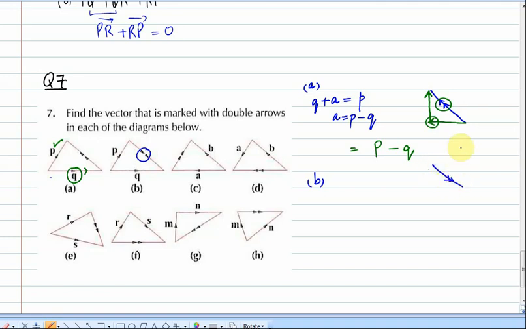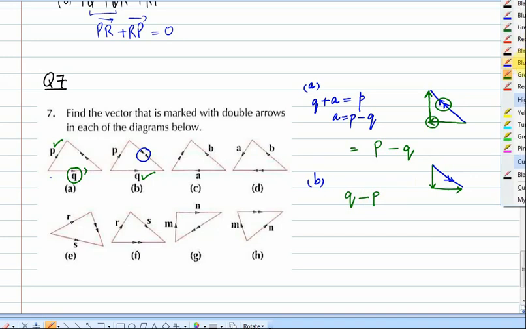Resultant direction is this one, as shown in this figure. If I complete the triangle, it's moving in the negative y and in the positive x, right? That means we will have Q, because Q is positive, but P will be negative because it is heading in the negative y. So the answer is Q minus P.